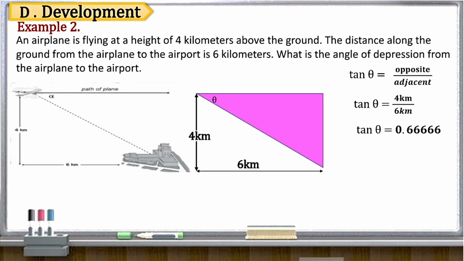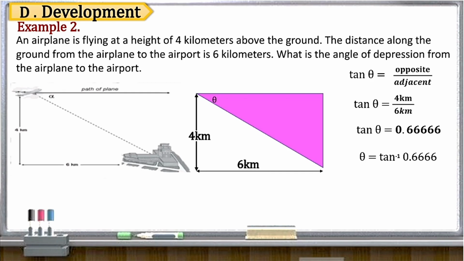So, kung makikita nyo sa calcu, class, magkakaroon yan ng exponent na negative 1. So, theta is equal to arctan times 0.6666. At para makuha natin, class, yung arctan, gamit ang scientific calculator, pipindutin nyo lang, class, yung shift, then tangent.